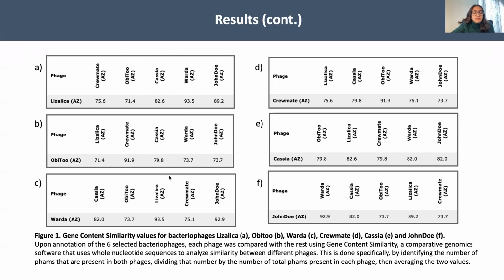Again, Warda seems to be the most similar to Lizalica, as we mentioned, and potentially JohnDoe as well. Each phage seems to have other phages that they're quite similar to, or they're quite similar to all of them. The only odd one out is Cassia, as it isn't extremely similar to any of the other phages, and its GCS value is lower than the rest.